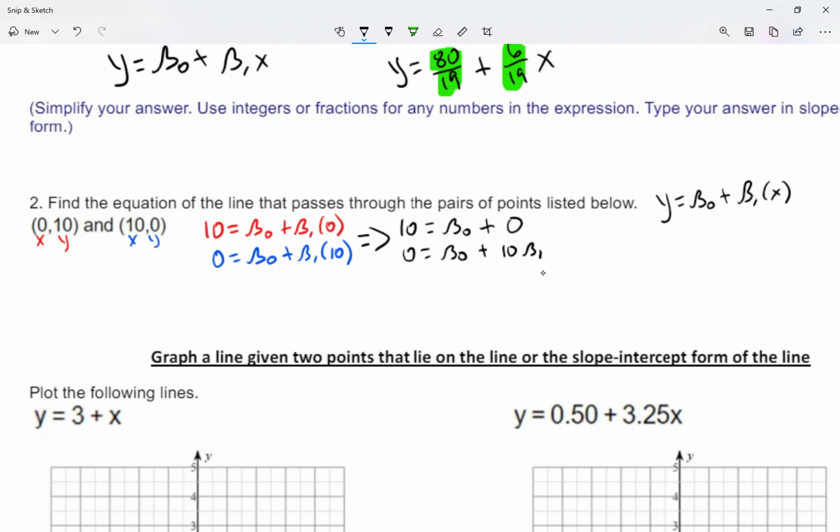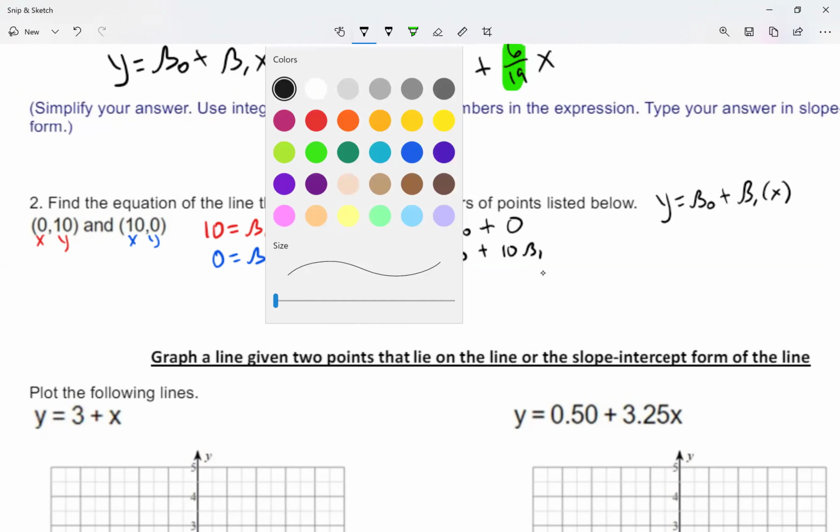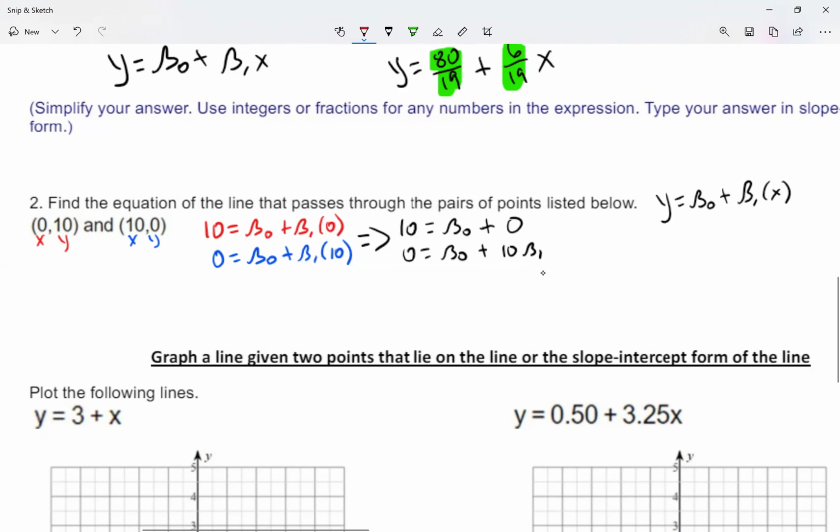I'm thinking you guys can already see something, but what if we did not? I want to combine my like terms, my beta 0s and my beta 1s, and I want one of them to cancel out. However, they don't cancel out.